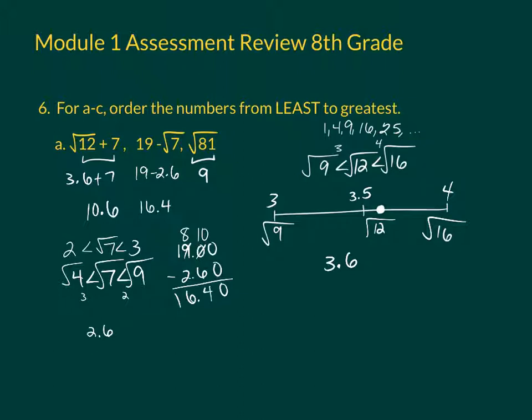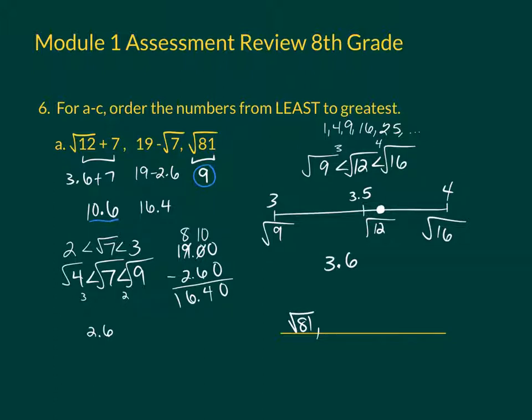And then we have 9. So we can see that the smallest of the three, we have to go in order, is 9. So we write square root of 81. Don't write 9 for your final answer. On this line over here, we will write square root of 81, not 9. And then we can see that the next biggest is 10.6.